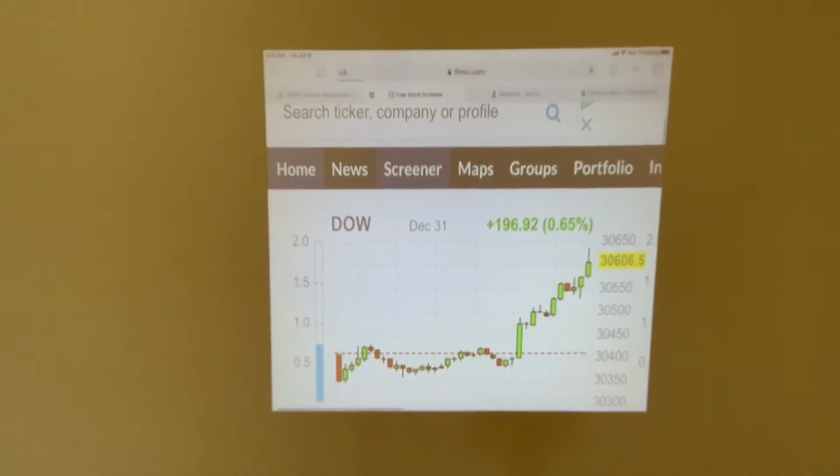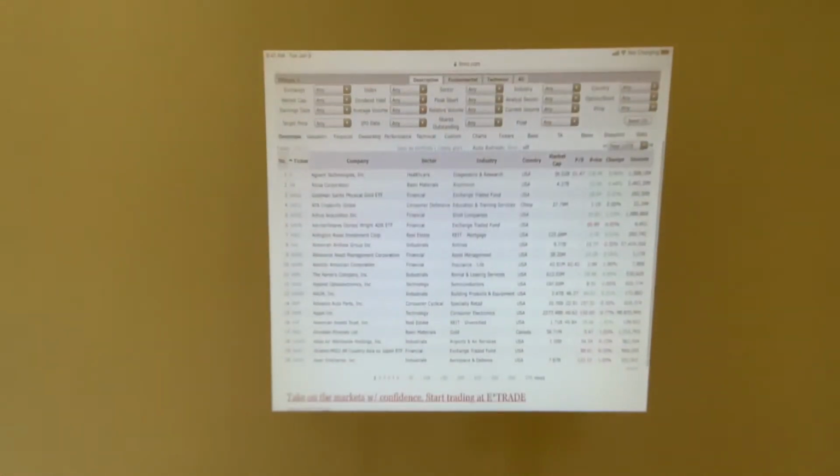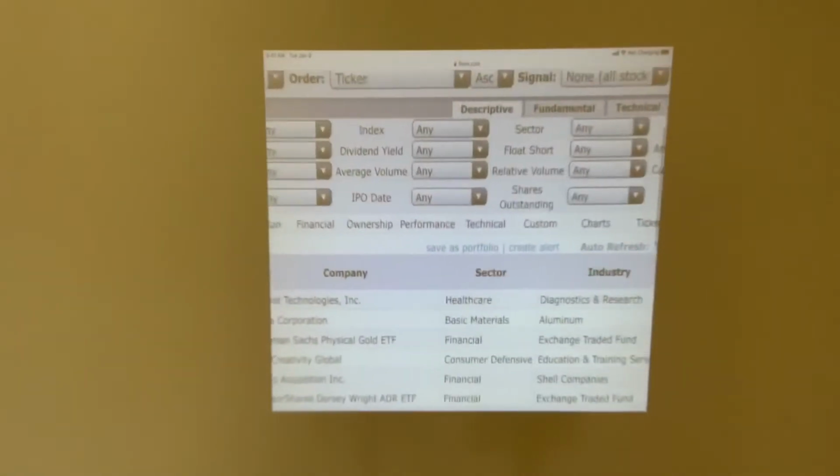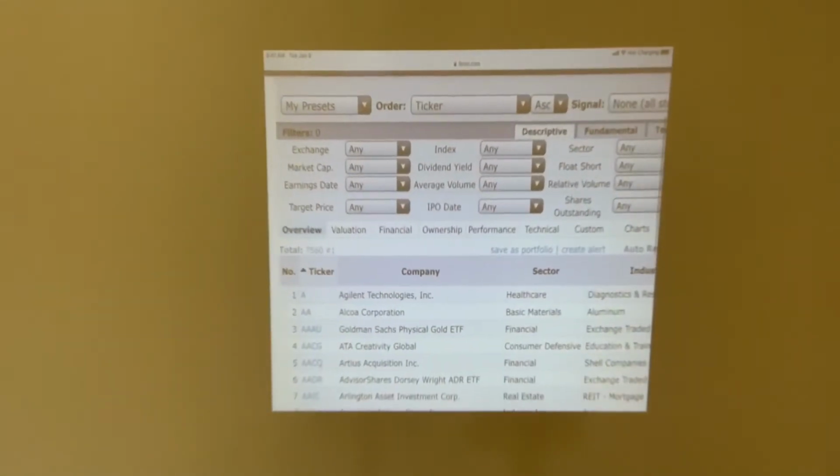So you're going to click on that, and then you'll come to this page, which is a list of hundreds or thousands of stocks. We don't want all these stocks, so we're going to pick the ones that are under $2. In the middle here, you see features that you can use to sort your stocks.